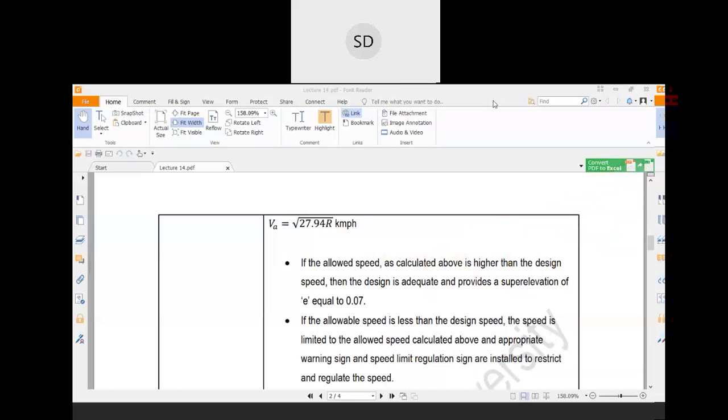Now your design speed was 80 kilometer per hour, but here your allowable speed is 74.75. For this reason, you have to restrict the speed over there.